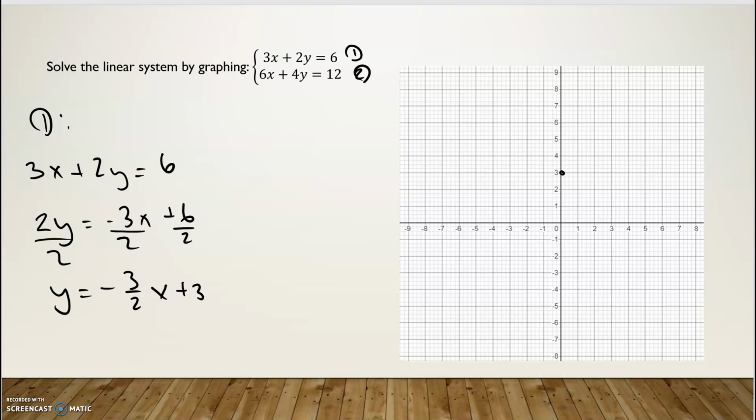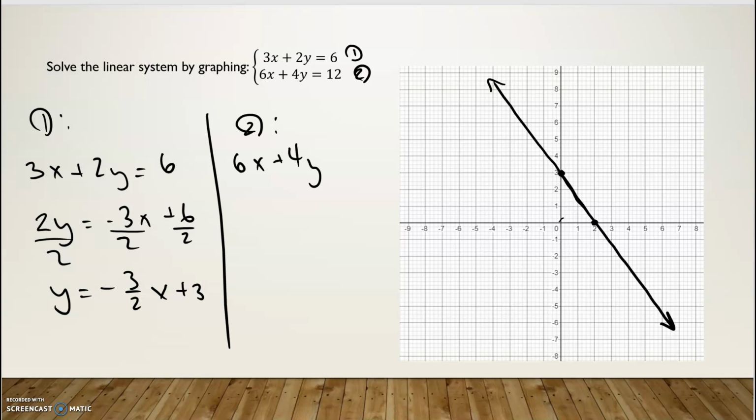Okay, so the intercept is (0, 3), and then I need to move down 3 over 2. Okay, and then we'll look at the second one here.